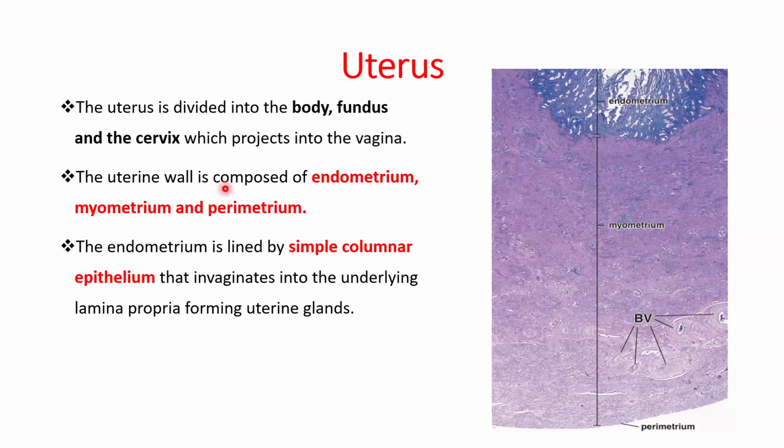Then, ideally, the uterine wall will be composed of three parts: the endometrium here, then the myometrium, and then the perimetrium.